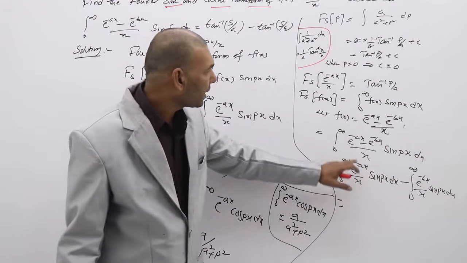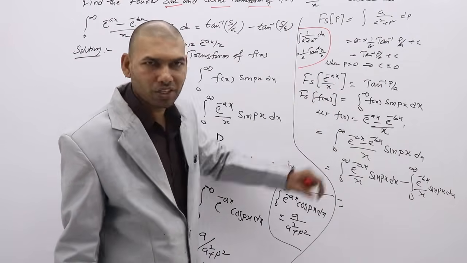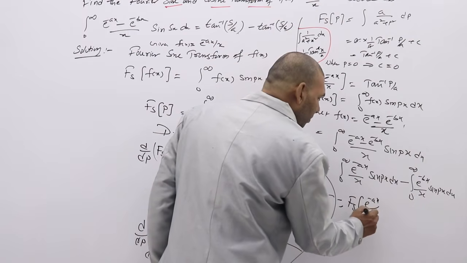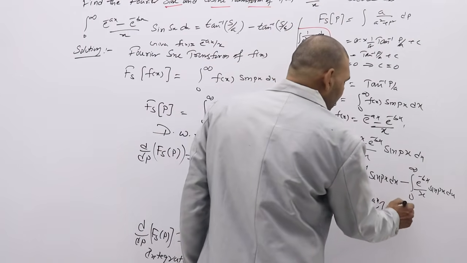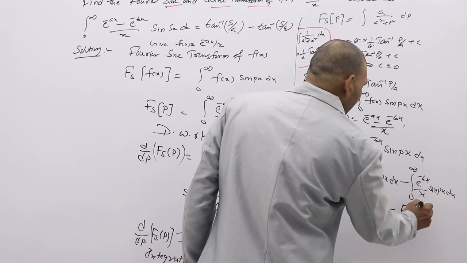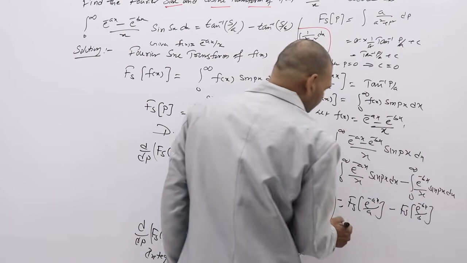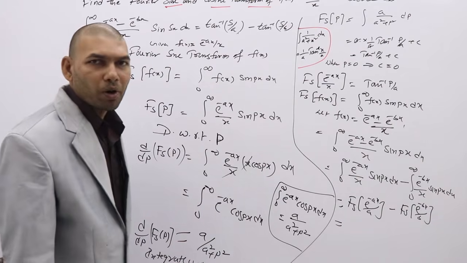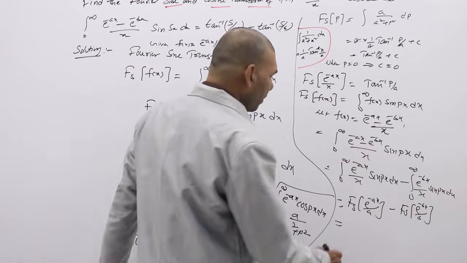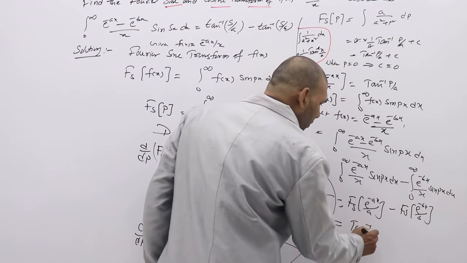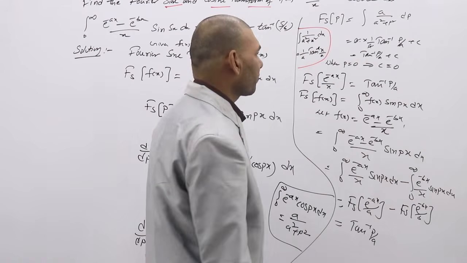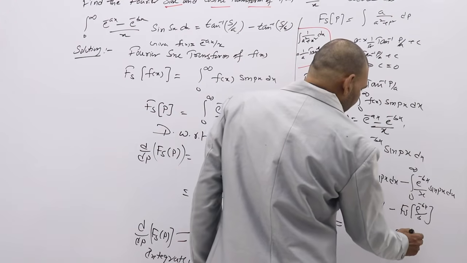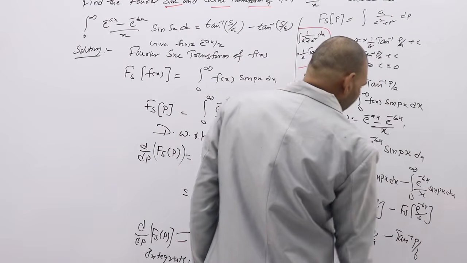This is also the Fourier sine transform of e power minus bx by x, just now evaluated. So now the Fourier sine transform of e power minus ax by x we have as tan inverse of p by a, minus tan inverse of p by b.